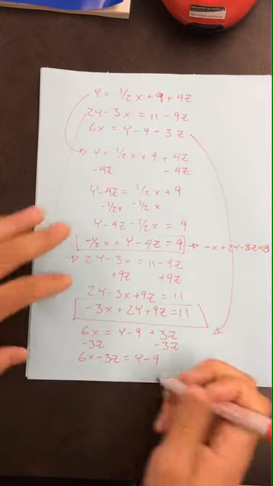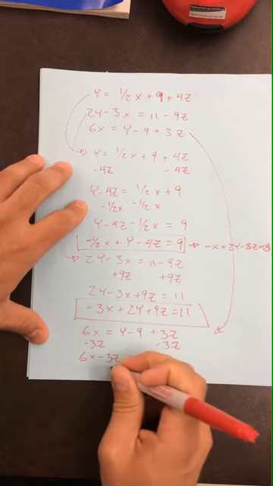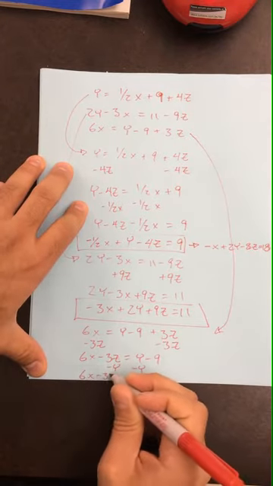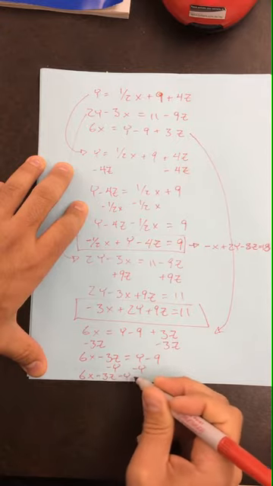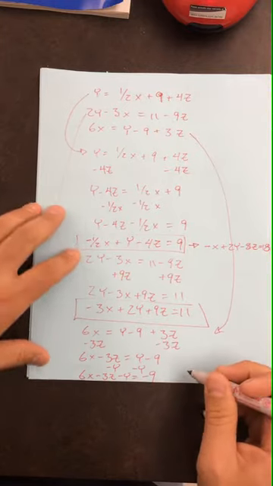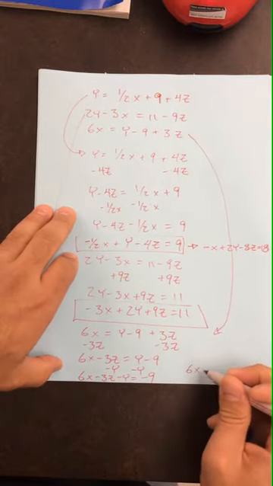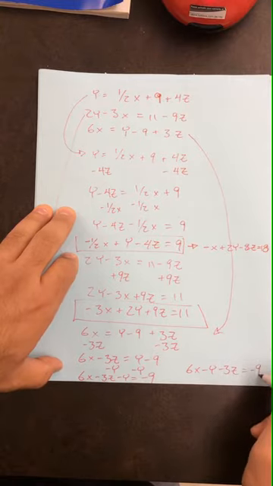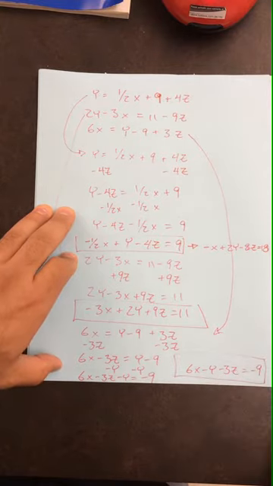I'm going to subtract y from each side. And it's not in the right form, so I'm going to change it to be in the right form. Now it's in the right form.